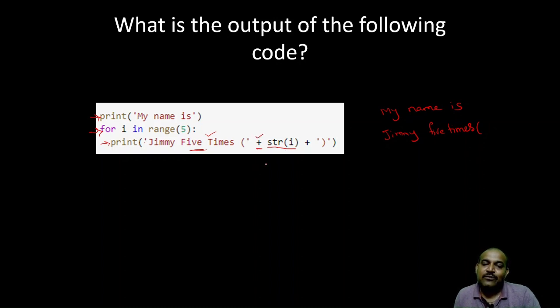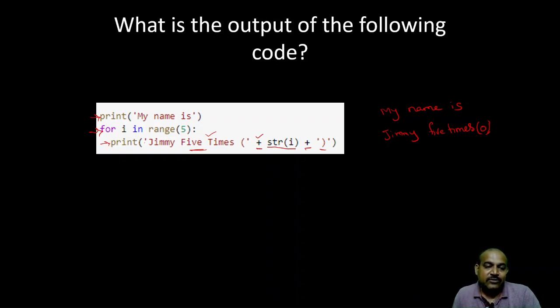And now if I use the concatenation operator, 0 will be concatenated, and again you have a concatenation operation here followed by one more string, that is the braces. Therefore the output is Jimmy 5 times 0. This is when I is equal to 0.